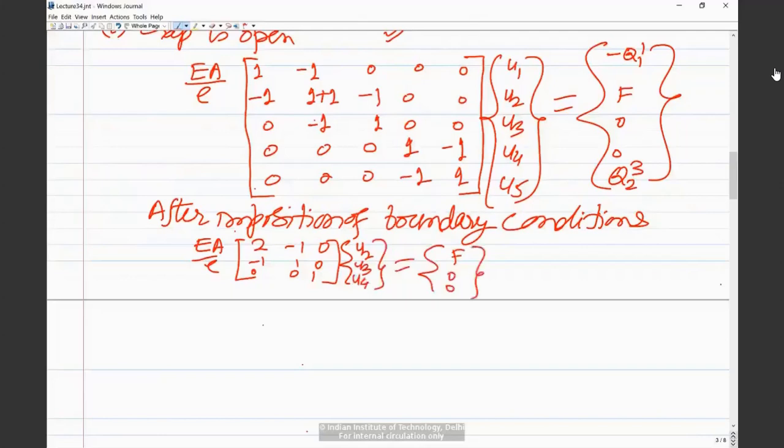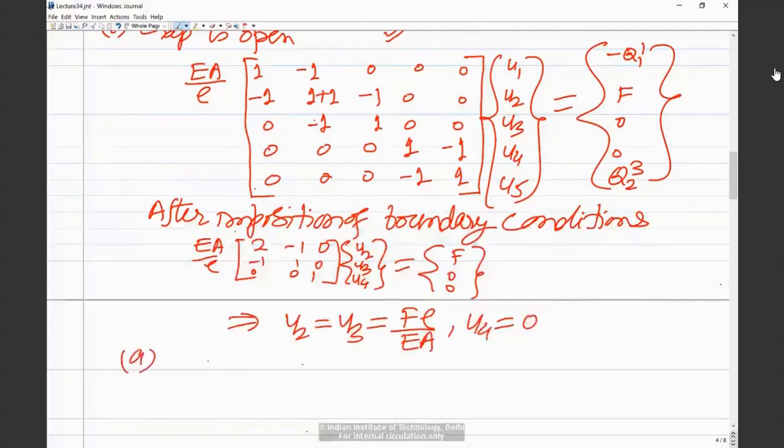Now if you solve this, you will get u2 equal to u3, which will be equal to FL upon EA, as you can see from the equations, and of course u4 will be equal to 0. Now we look at the situation.